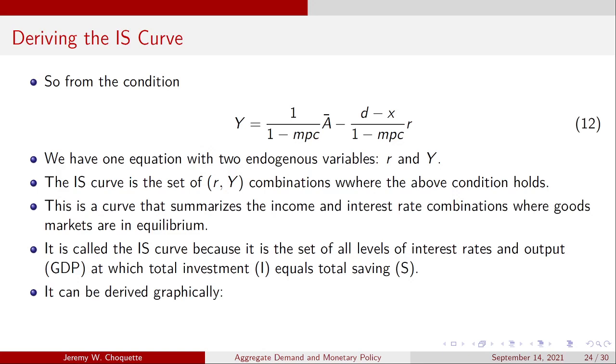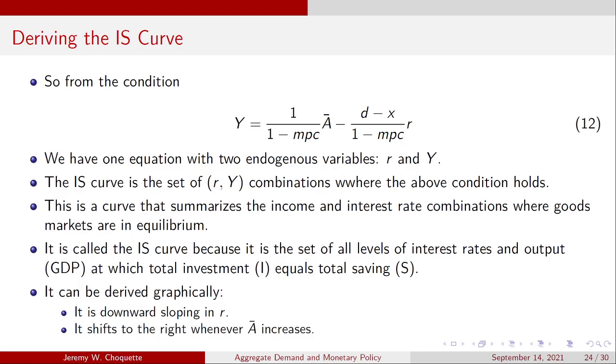And we can derive this stuff graphically in that, like I said, it's downward sloping. So if you've got R on the vertical, Y on the horizontal, the relationship between the two is negative. It's going to be an inverse relationship. And it's going to shift to the right whenever this A bar increases.